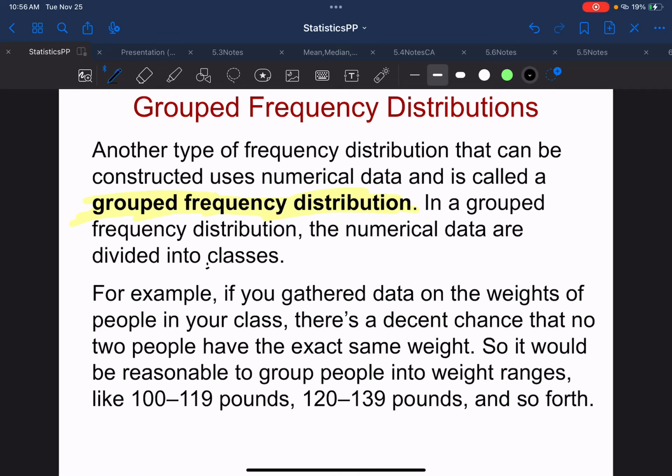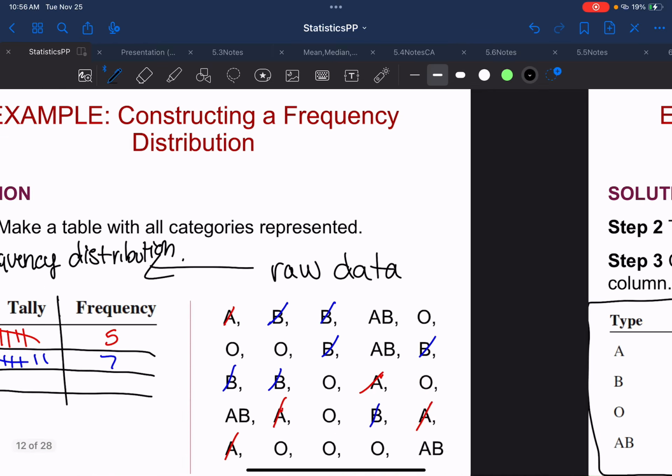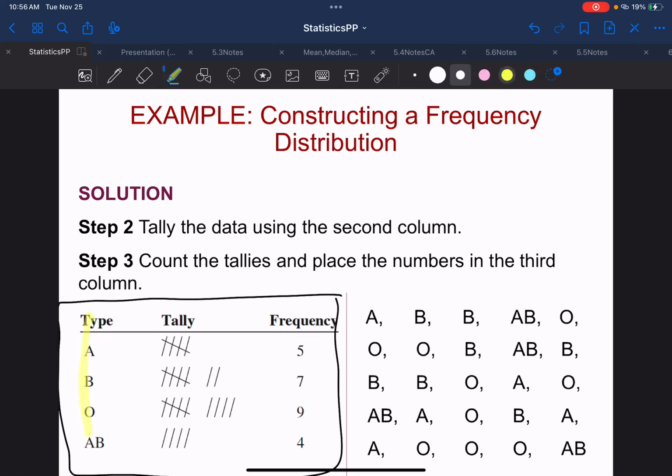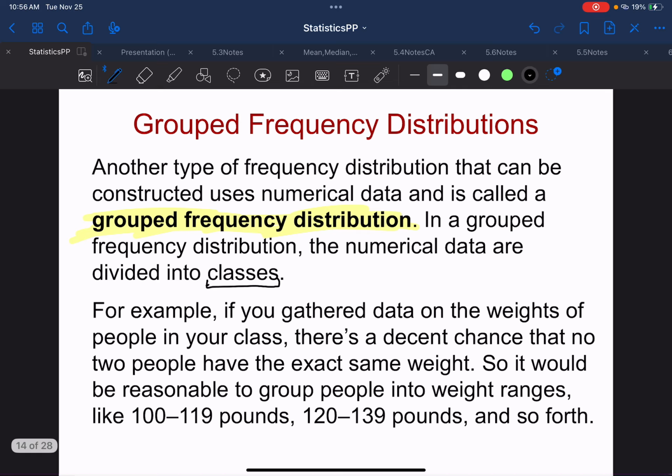These classes are kind of like the types that we've seen in the categorical data for the blood types, where we could count how many of each type were in our data. Well, for numbers, we're going to separate the types into classes, which is like a range or an interval of numbers.